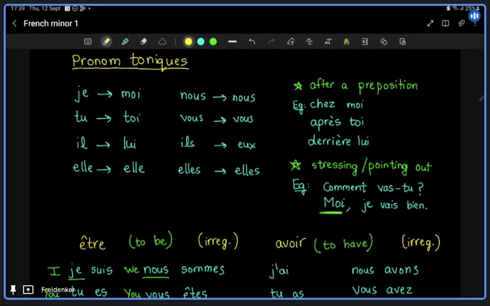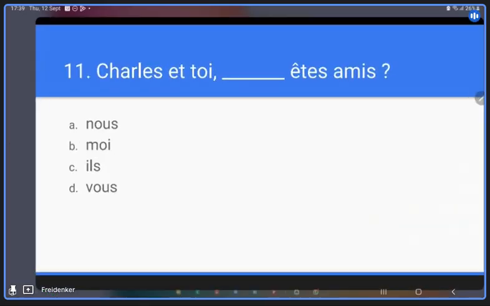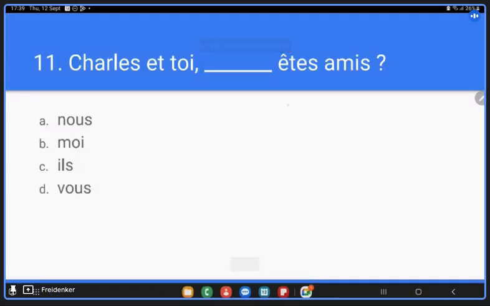If these are called phonotonic, the left side ones are called pronom sujet. When do these subject pronouns or personal pronouns, whatever you think of it, appear? Before a verb. Êtes is a verb from être, so it's simple. Vous êtes amis. Charles and you, are you friends?